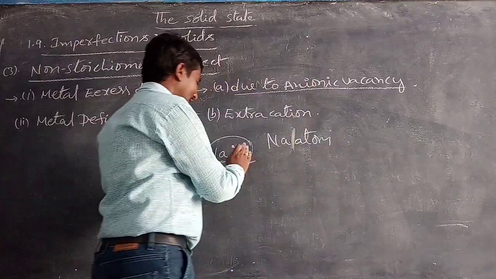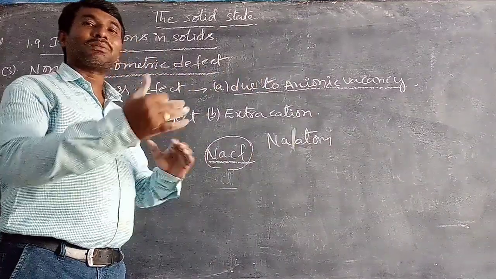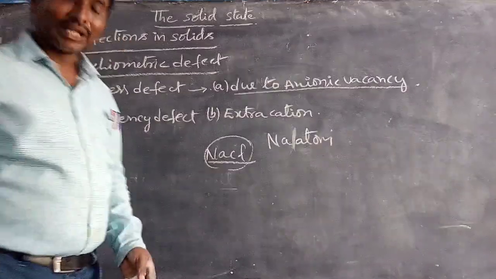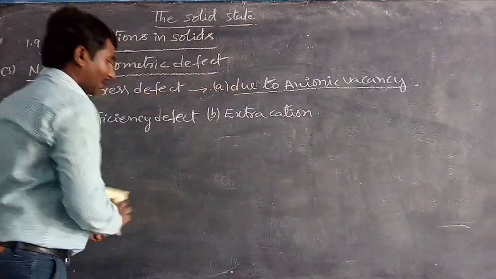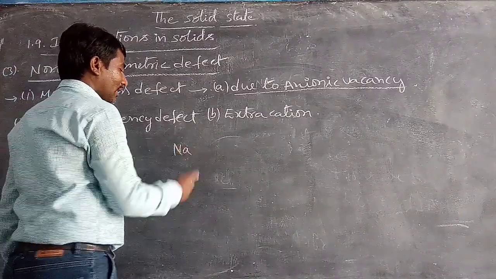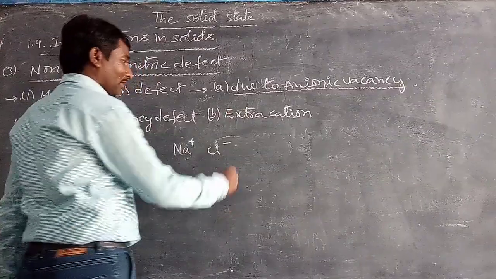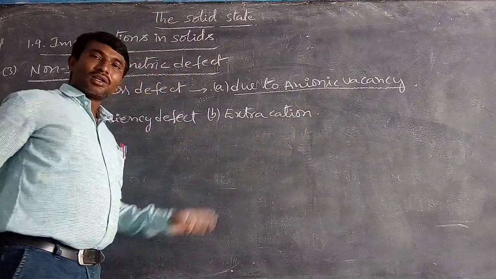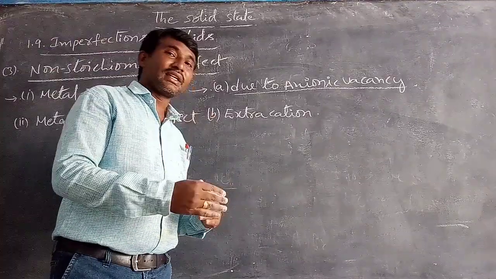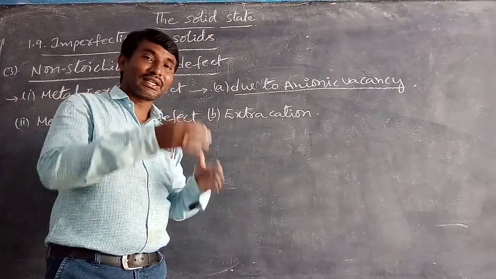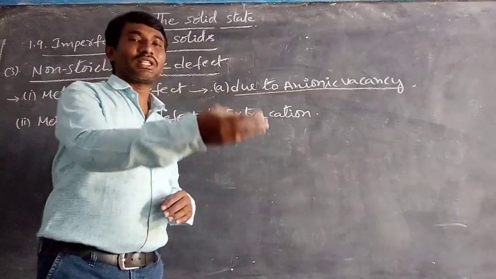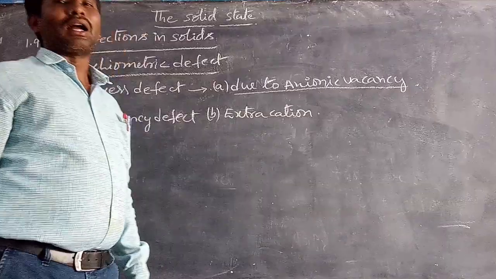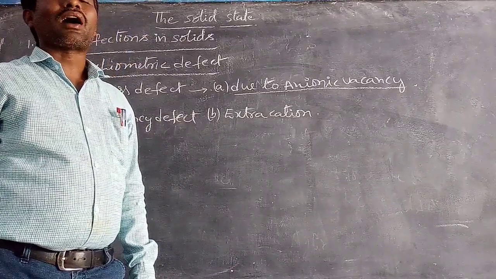Here Na+ Cl- Na+ Cl-. What happens is that Cl- diffuses in the crystal and combines with the Na atom, and that Na atom produces an extra electron.